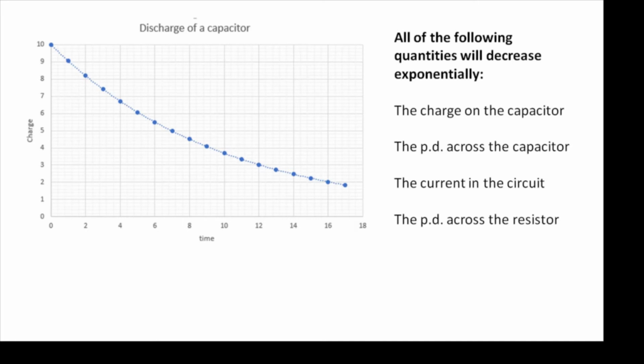As V equals IR, the PD across the resistor is proportional to the current, so that will also fall exponentially.